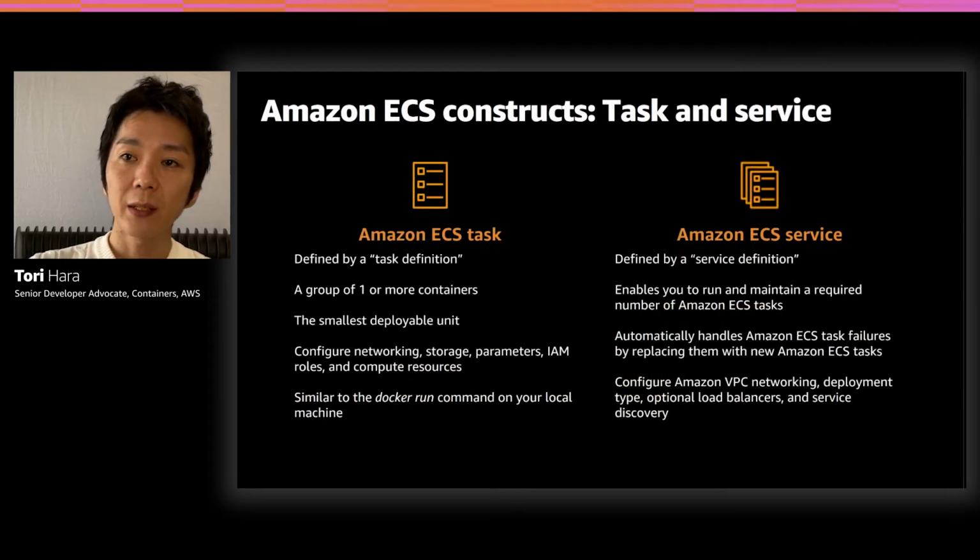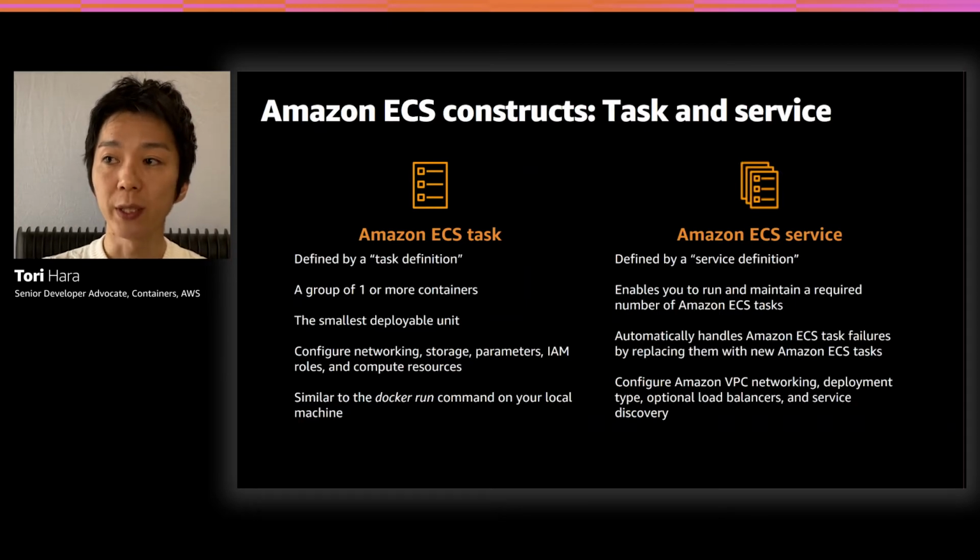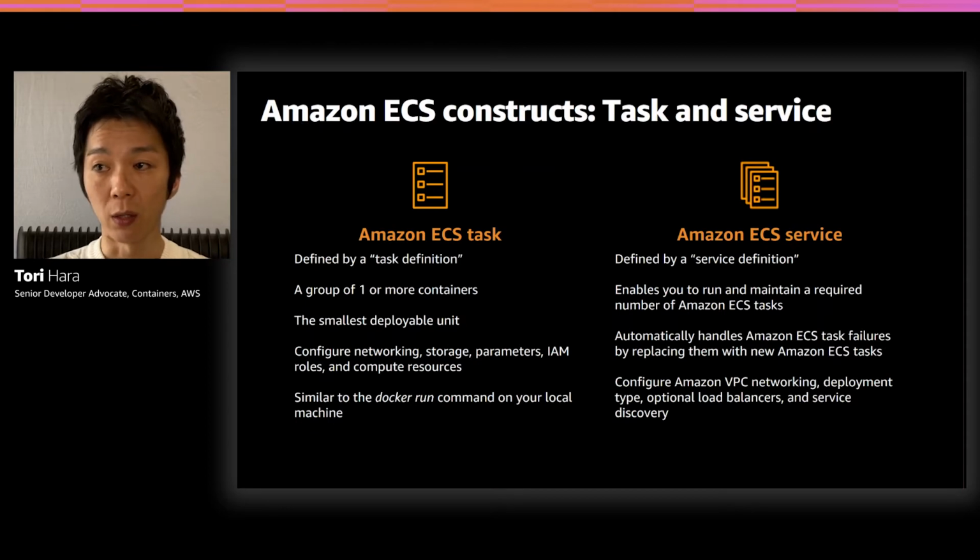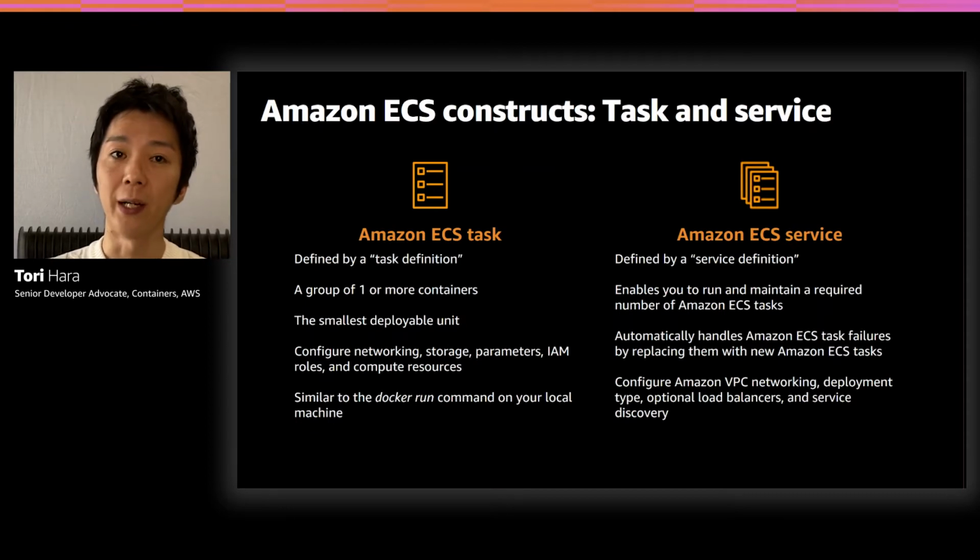So I mentioned that you may call ECS APIs to run your containers, but more specifically, you may use the Run Task API or the Create Service API to do so. A task is the smallest deployable unit in the ECS world, and it consists of one or more containers.